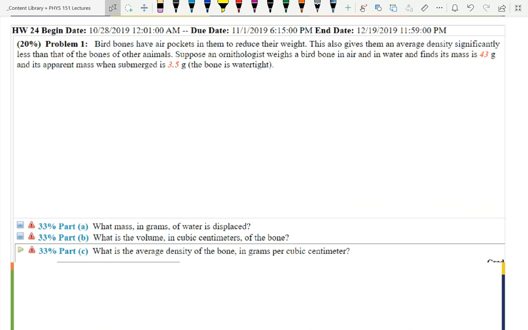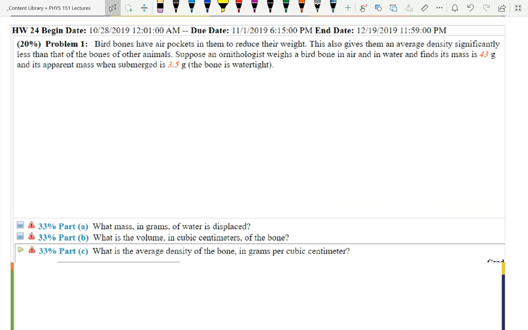And what is Archimedes' principle, the thing that tells us about buoyant force? What does it tell us? Buoyant force is equal to the weight of the fluid displaced.